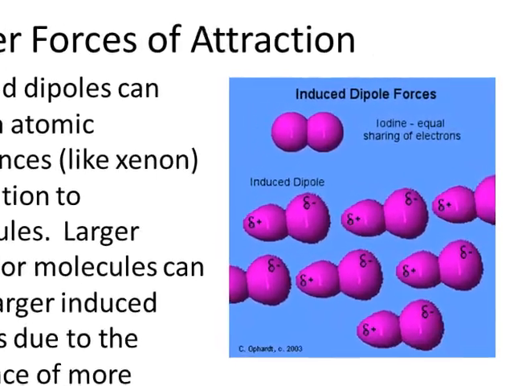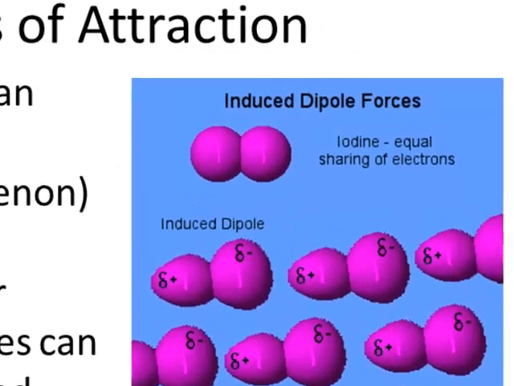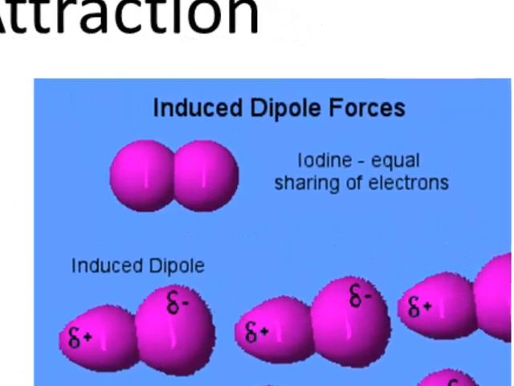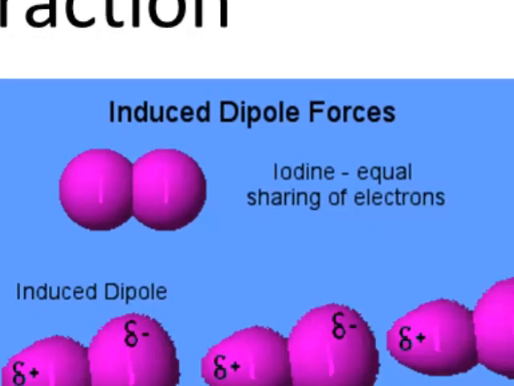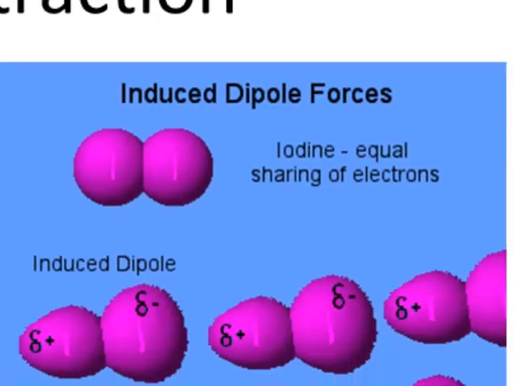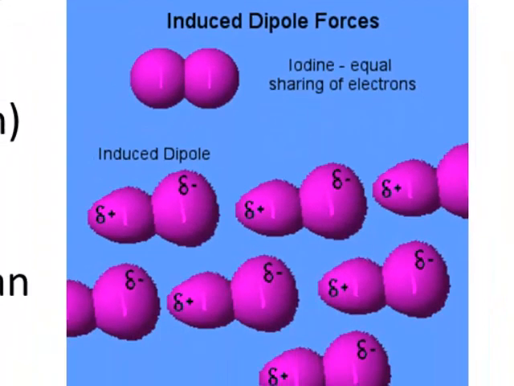If we look at this picture over here, we can see that the original molecule looks like this. This is iodine. It has equal sharing of electrons. But when you have iodine molecules near each other, if something causes one of those clouds to deform, and so you end up with slight positive and slight negative ends, then that can induce a dipole in the neighboring molecule, which can induce a dipole in its neighboring molecule, and soon you have a lot of molecules that have induced dipoles.